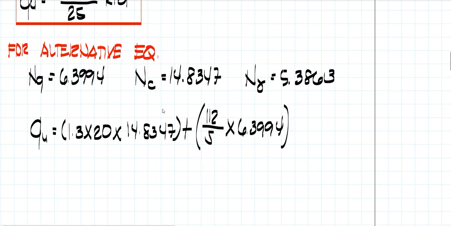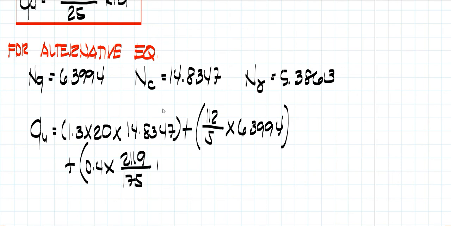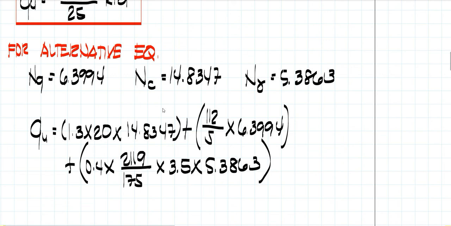So, plus 0.4 times the gamma 2119 over 175 times B, which is 3.5, times the N gamma, which is 5.3863.